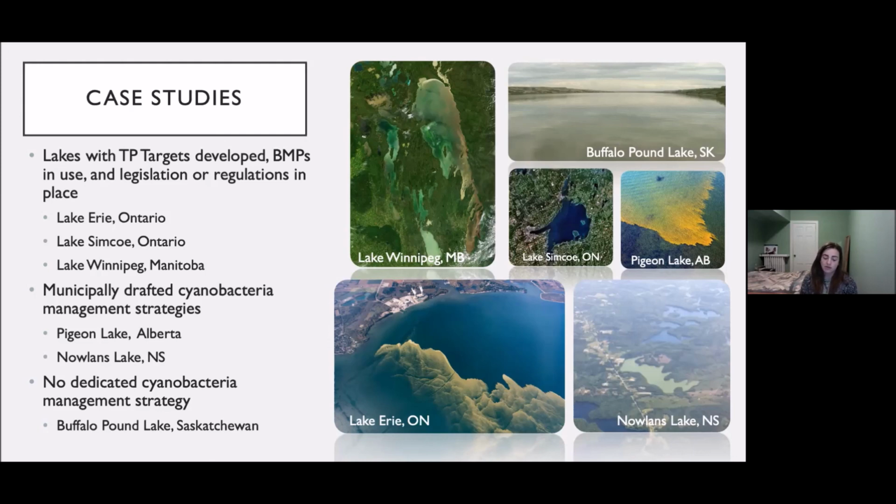BMP efficacy for phosphorus reductions is currently being studied for that lake, but BMPs are not currently being promoted in order to reduce bloom occurrences in that lake. Monitoring is conducted by the Healthy Beach program for the beach that's on the lake and by the drinking water treatment plant at the intake area.